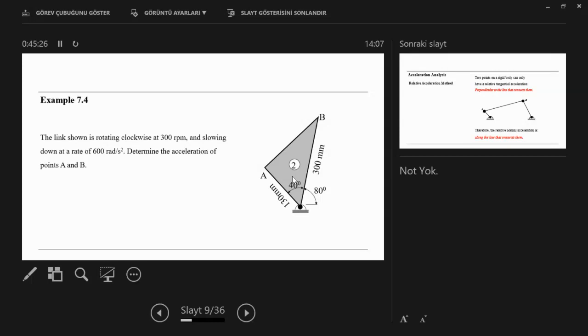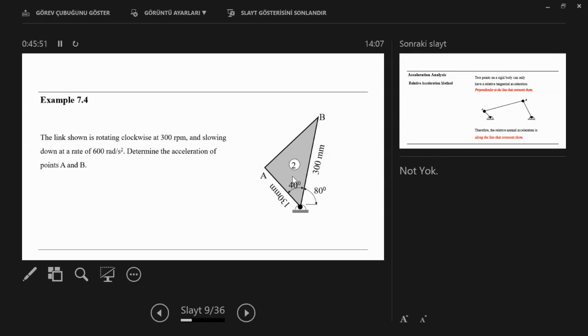N is equal to 300 RPM clockwise, and slowing down with angular acceleration alpha equal to 600 radian per second square. Determine the acceleration of the points A and B.